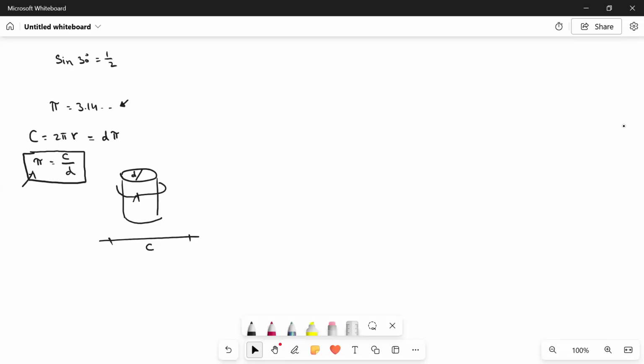Now scientists, what did they do? They said, okay, we face right angle triangles very frequently, right? So if this angle is a right angle and this angle is a variable, theta, then for different values of theta, they tried to find the ratio of this side to this side, this side to this side, and this side to this side, and they made up tables.